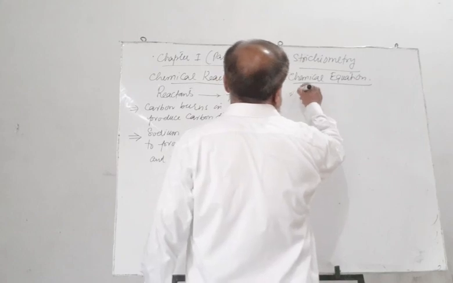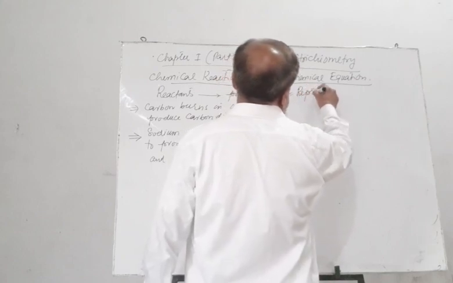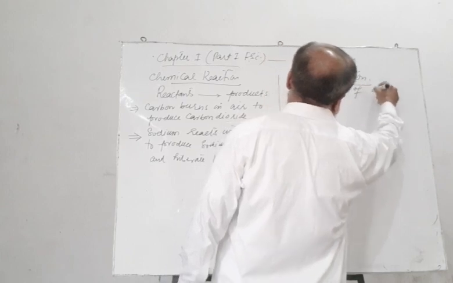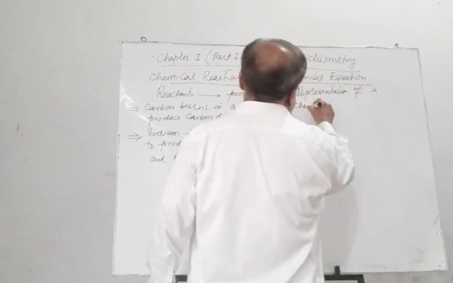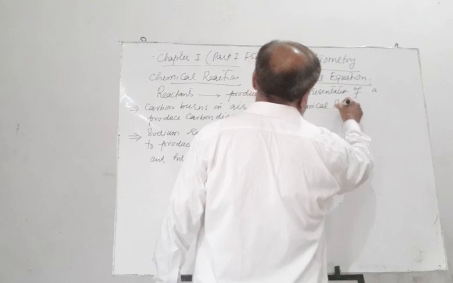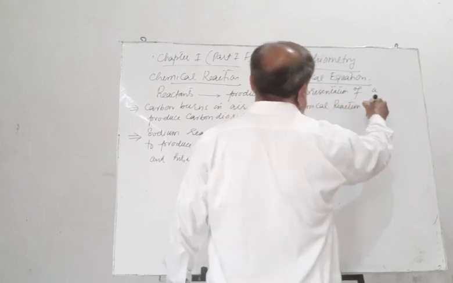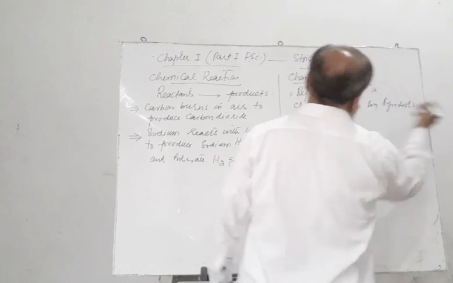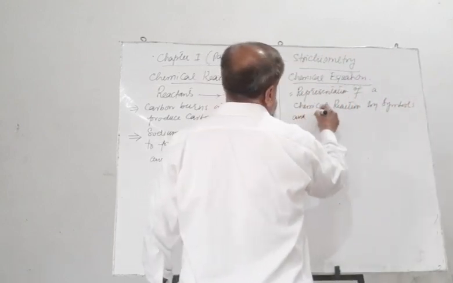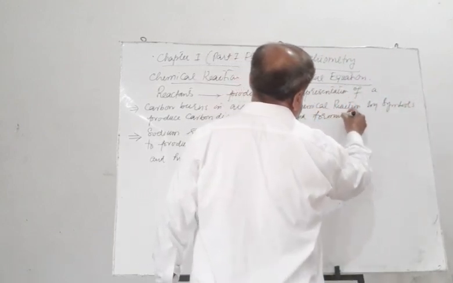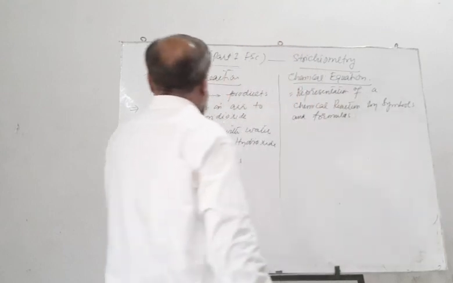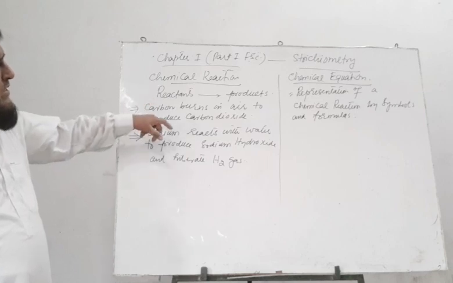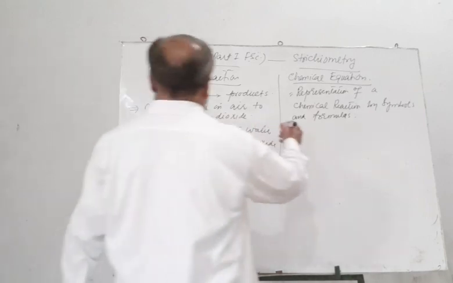A chemical equation is the representation of a chemical reaction by symbols for elements and formulas for compounds or molecules.